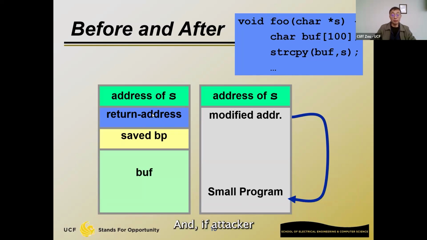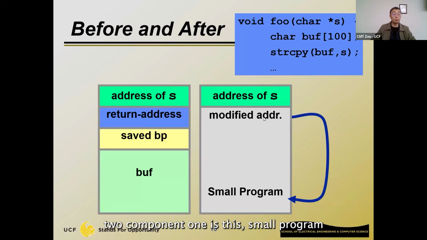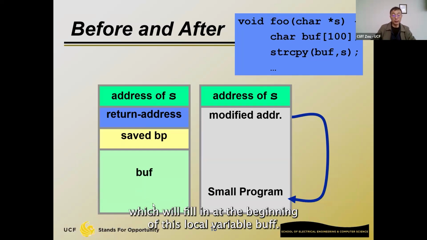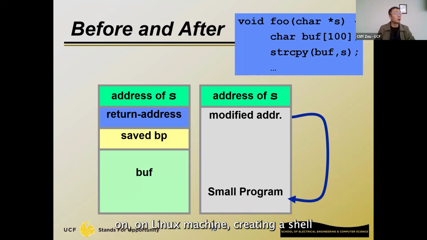And if the attacker makes it very carefully, such that the attacker-supplied input contains two components. One is a small program at the beginning of the input, which will fill in the beginning of this local variable buff. Usually, this small program just creates a shell. On a Linux machine, creating a shell only takes 20 to 30 bytes, no more than 40 bytes.